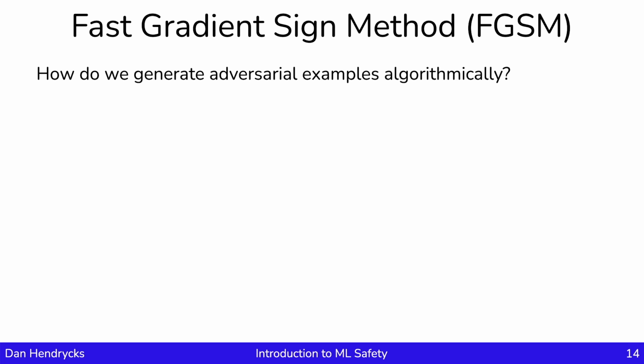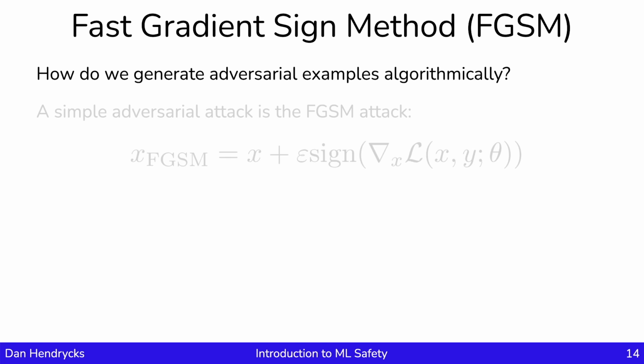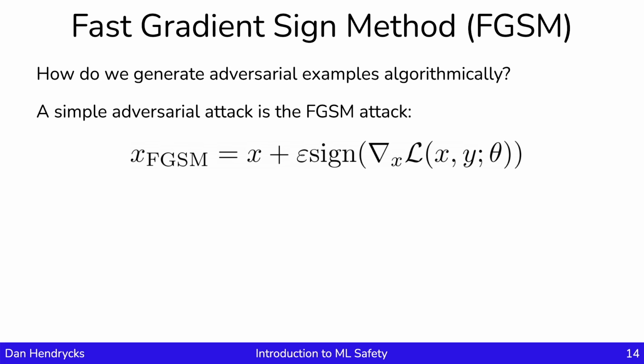Let's speak about a simple adversarial attack that conforms to the LP threat model. The FGSM attack is a simple attack. It's as follows. X sub FGSM is equal to the original image X plus epsilon times the sign of the gradient of the loss.